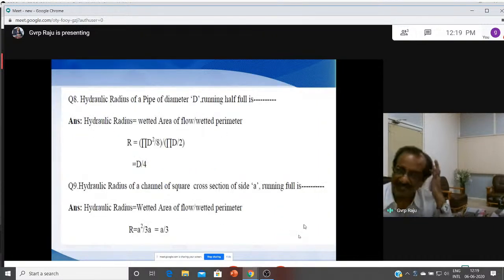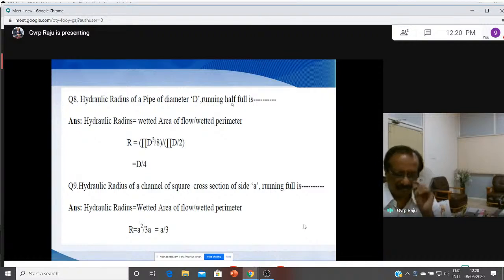This is also interesting here. The people are confusing the hydraulic radius of a pipe of diameter D running full and running half full. Running full means R is D by 4. When it is running half full, what exactly is the hydraulic radius here? No doubt it is wetted area by wetted perimeter. Instead of pi d square by 4, you need to use pi d square by 8, running half full.